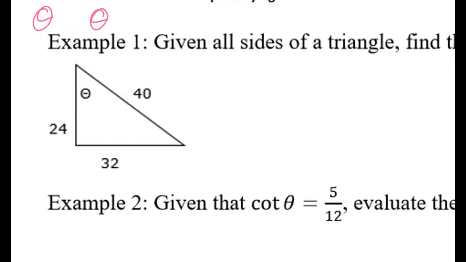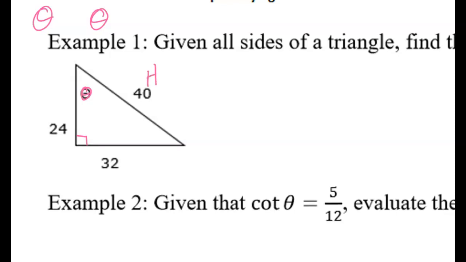If this is our angle, theta, we have to label the sides O, A, H: opposite, adjacent, hypotenuse. Which one of these numbers is our hypotenuse? Yes, if this is our right angle, which really they should have labeled, the side across from the right angle is our hypotenuse.